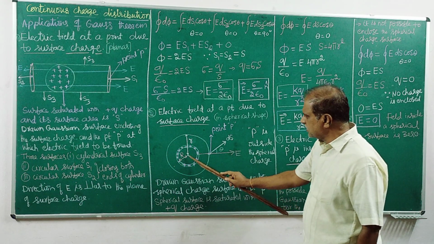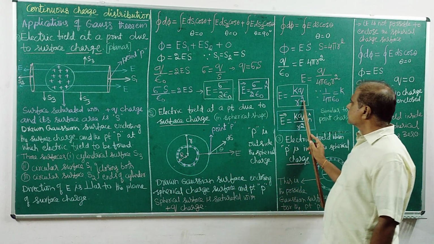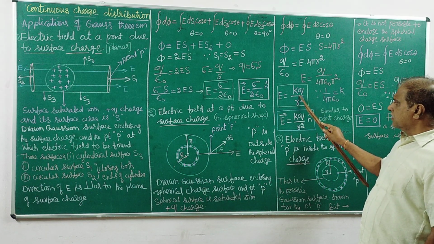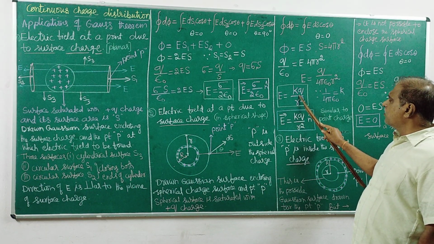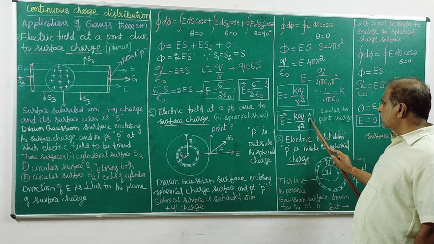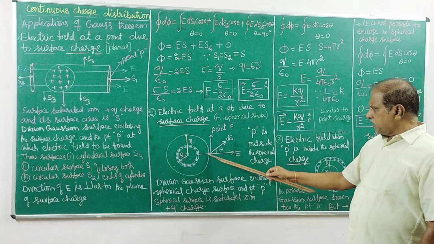That is the magnitude of the electric field. But in vector form, it is the same magnitude times the unit vector. What is the unit vector? The vector direction is this.